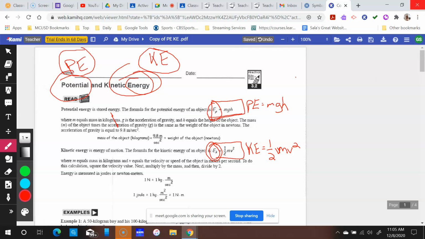So if you're up on a hill, you possess a certain amount of potential energy due to your position, or hypothetically, chemicals in your body store energy in their molecules. And then kinetic energy is energy of motion.